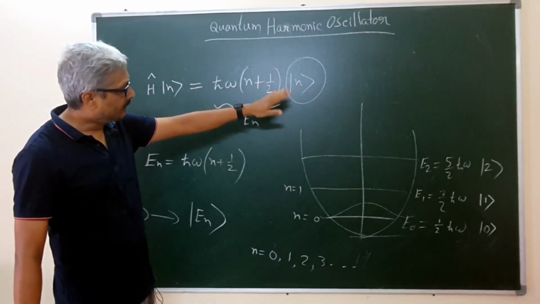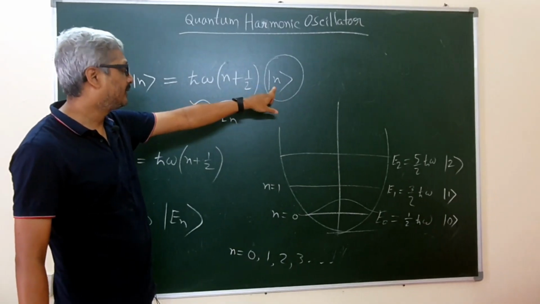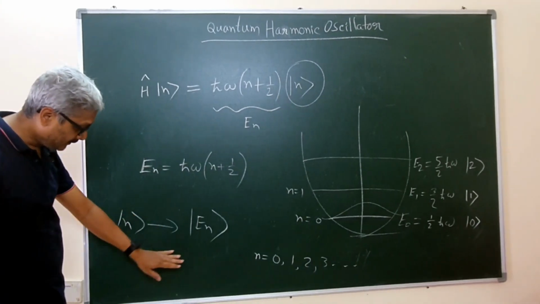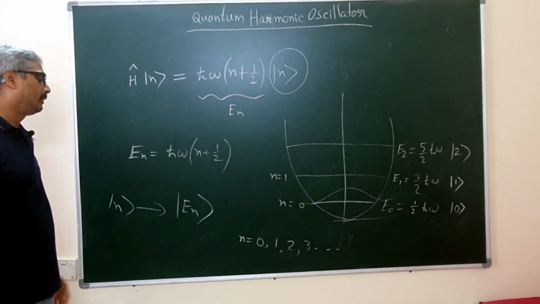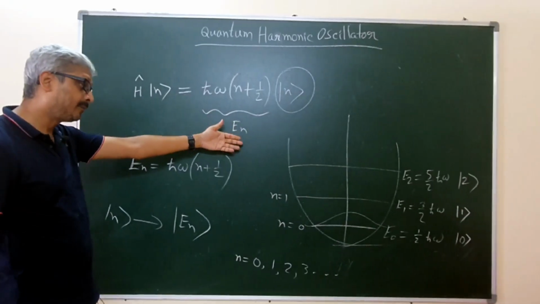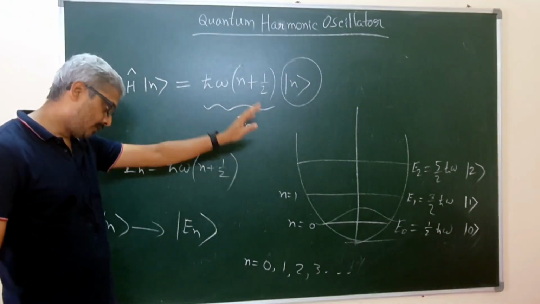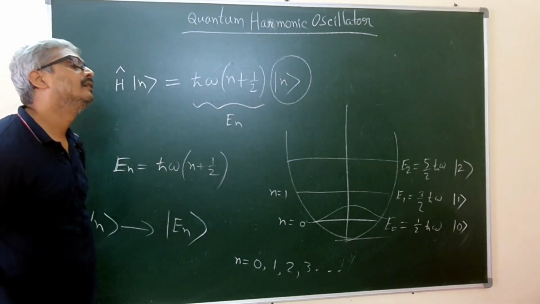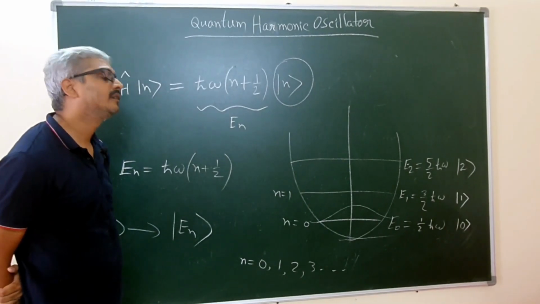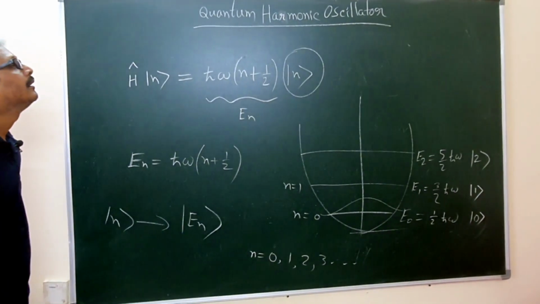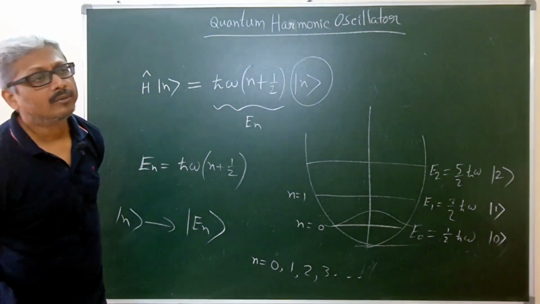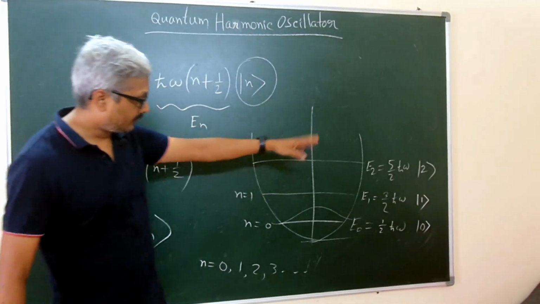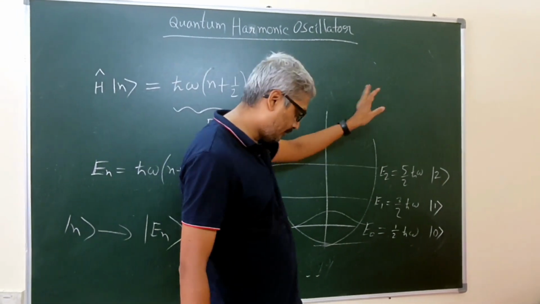These energy eigenstates are written in Dirac ket notation, and these two are actually the same thing. One is expressed in abstract Dirac ket space. For the other, if we start solving the equation in the position representation, it is also fine. You can obtain the energy eigenstates in terms of the Hermite polynomials. So in the next class we will see how to express these ket states in the position representation.